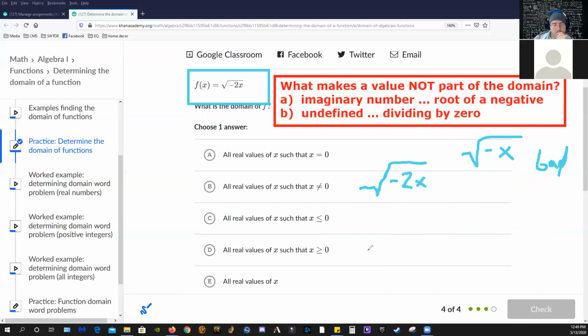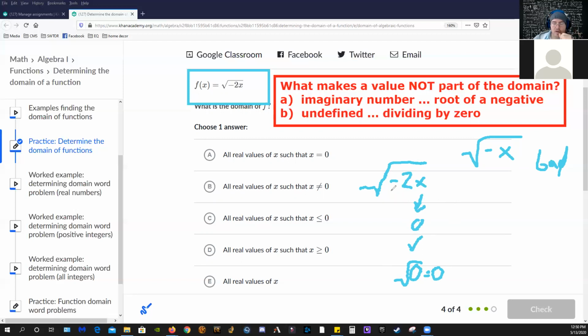Okay, well, if we're multiplying, if x is 0, we'll be okay, because 0 times -2x just makes 0. And the square root of 0 is fine. Not undefined or anything, or imaginary. The problem is x cannot be a positive number.